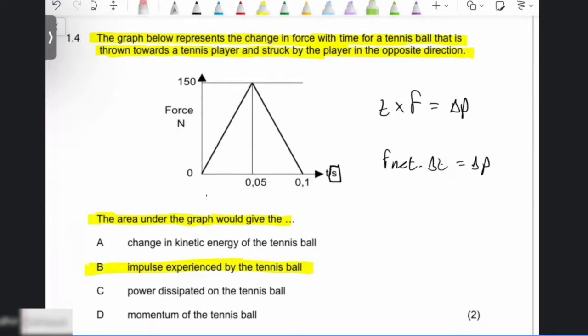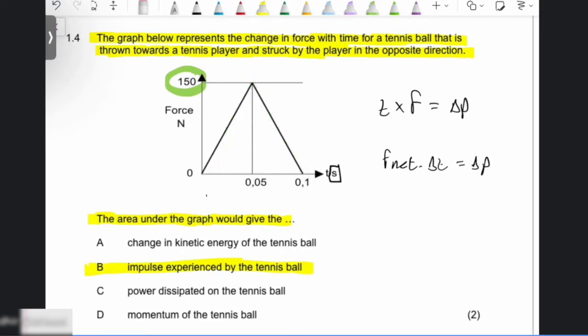You all asked, when you're calculating the area, why can't I just say 150 times the seconds there? Why can't I just say that? And why do I have to find the area under the curve to calculate my impulse? Well, because here, it is not 150 newtons acting consistently for 0.1 seconds. Basically, this is telling us that our force is increasing to that point and then coming back down.